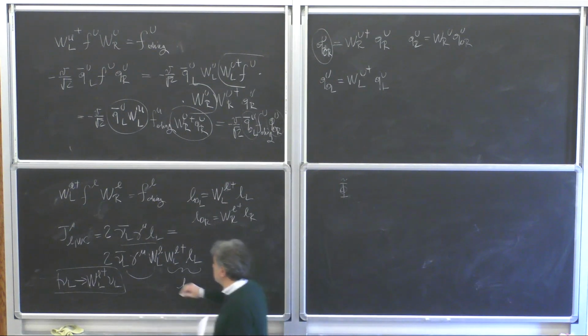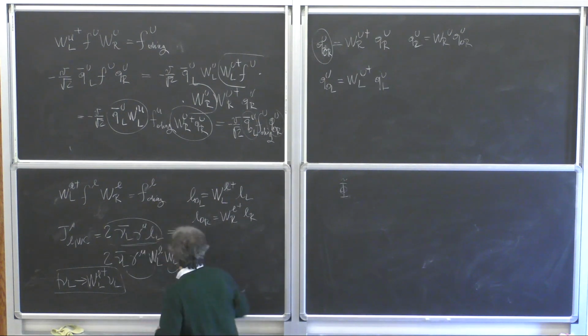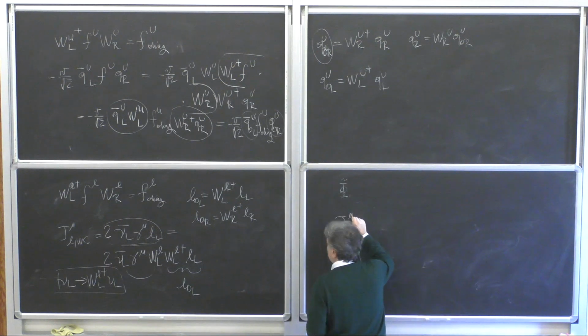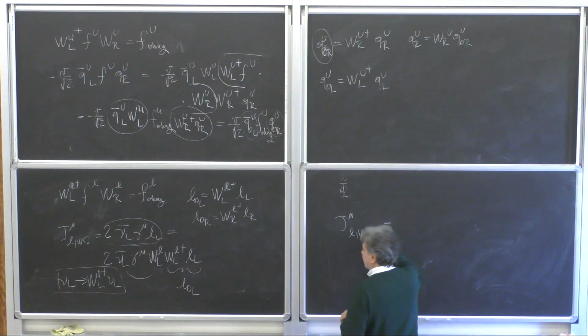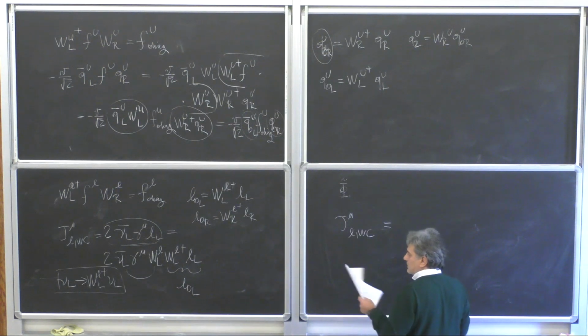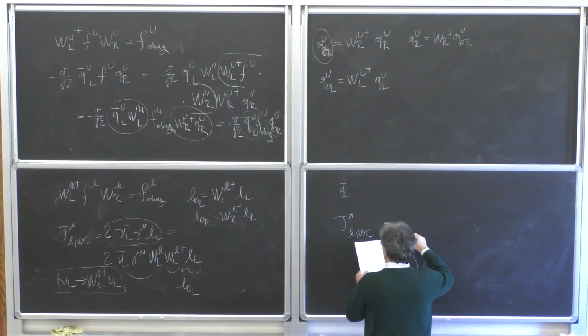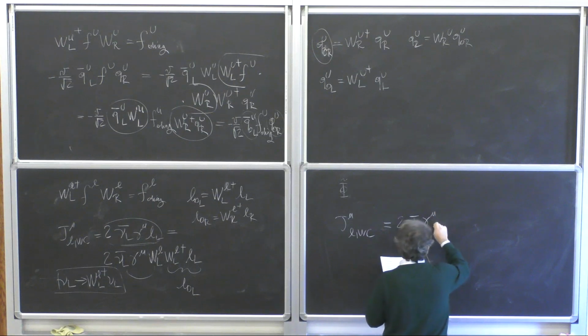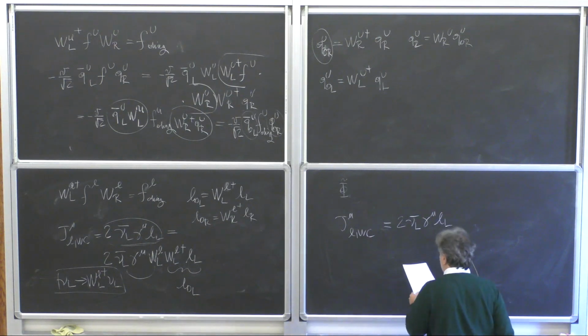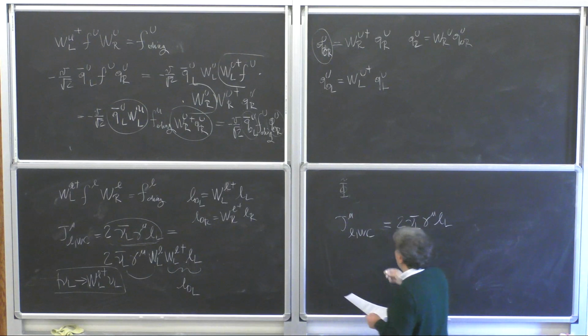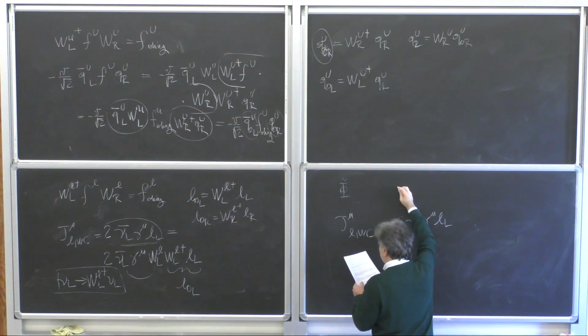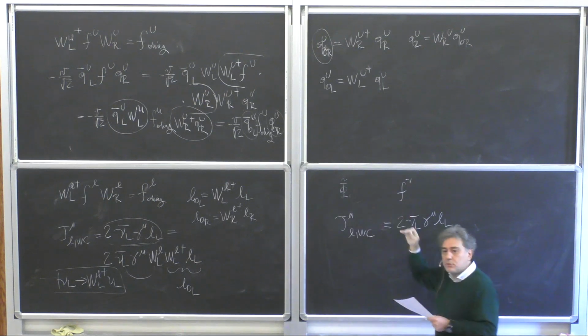So we would start again from this expression here, J mu L W C, the leptonic weak charge current, and this would be 2 nu bar L gamma mu L left. Let's call the matrix corresponding to neutrinos F nu.